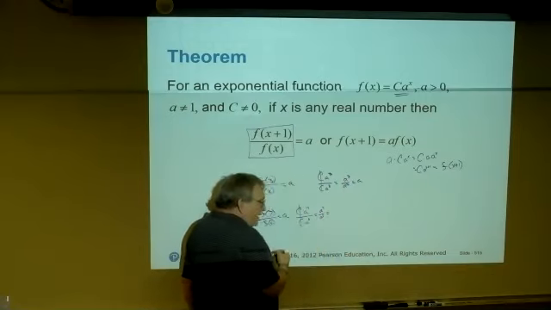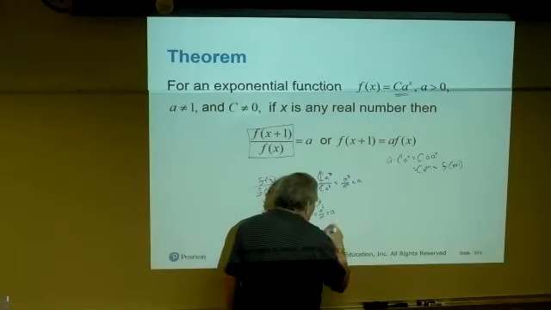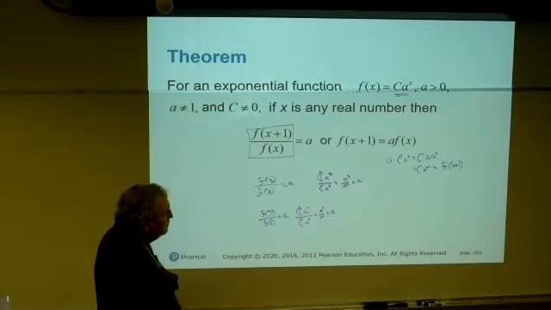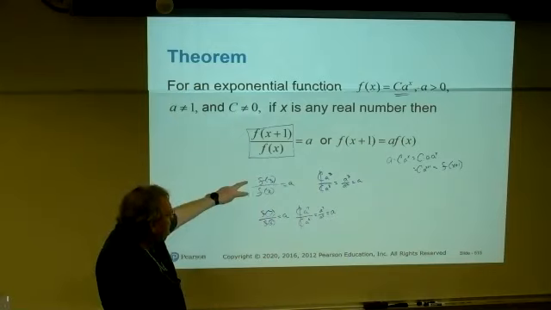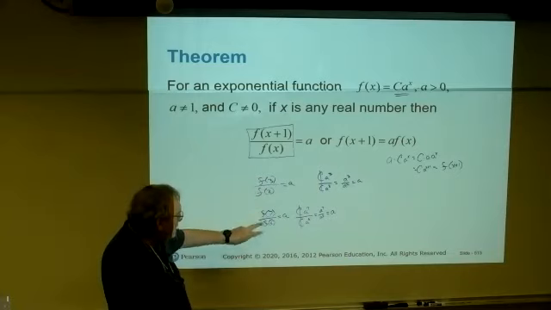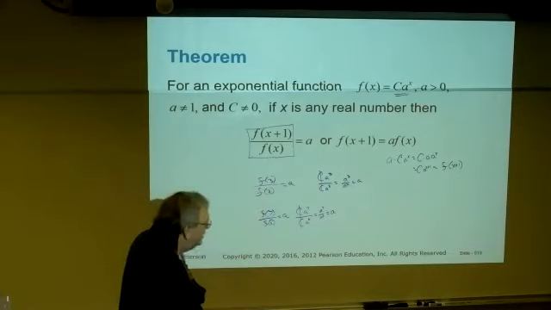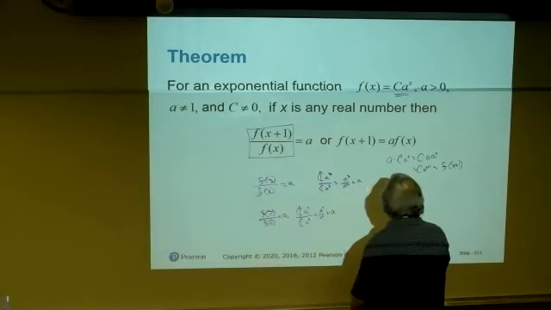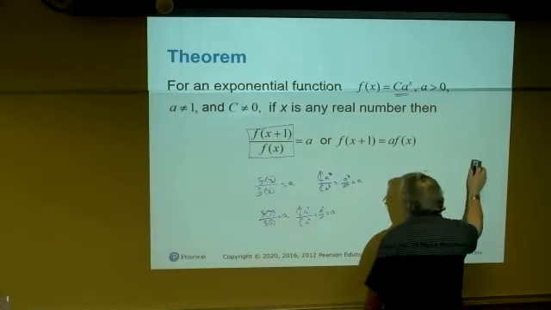Again, you subtract the exponents, that gives you a to the 1st power, which is just a. So as long as you're talking consecutive outputs, those ratios will be a, the base, the growth factor.